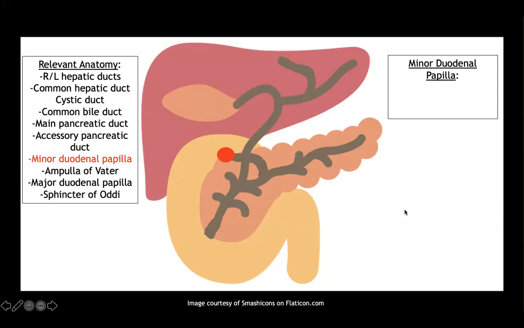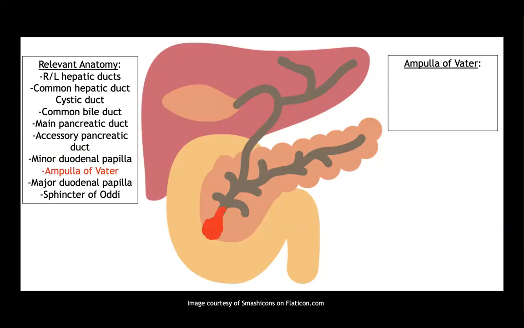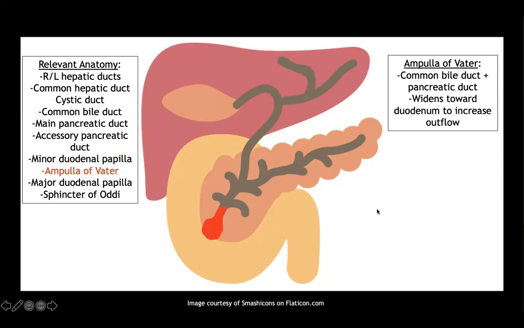There's two papilla you have to know. The minor duodenal papilla is the region of the duodenum that can drain the accessory pancreatic duct. So our accessory duct right here can drain out the minor duodenal papilla. We have something called the ampulla of Vater. And this is right here at the distal end of where the common bile duct and the pancreatic duct drain.